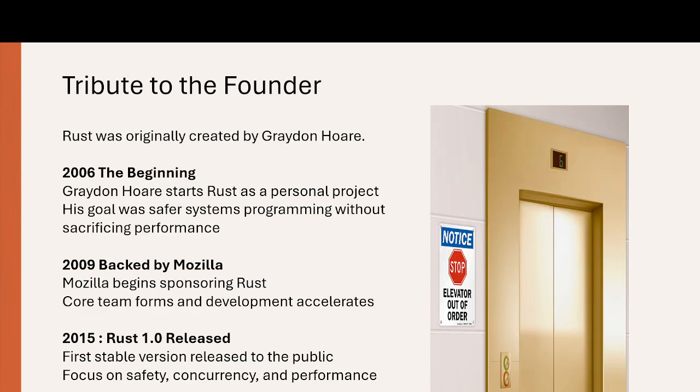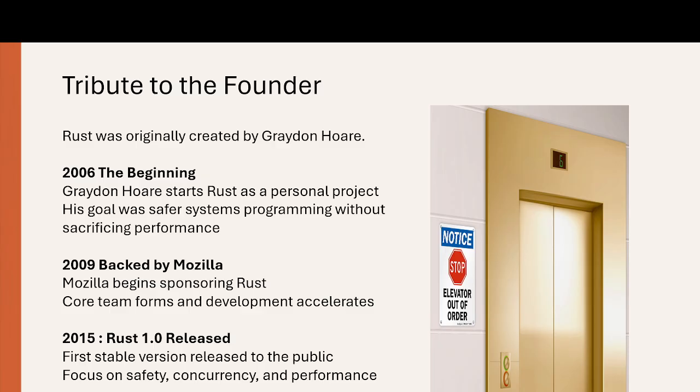Before we start, we have to pay tribute to the founder and know the history behind it. Rust was originally created by Graydon Hoare. Around 2006, he was living in Canada on the 21st floor.